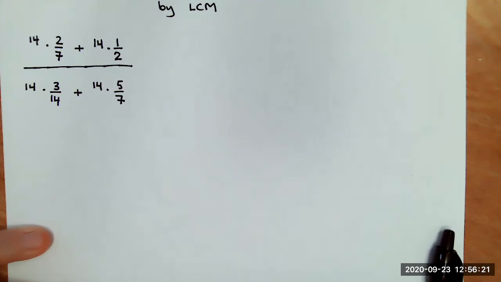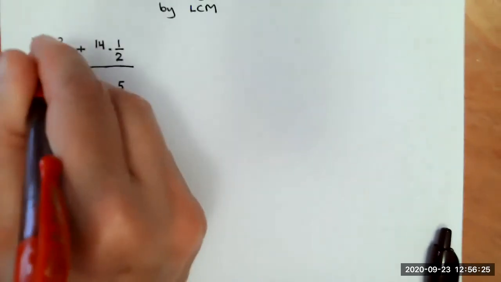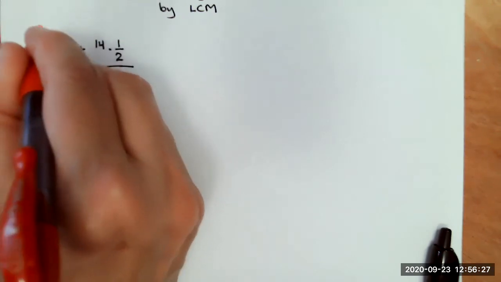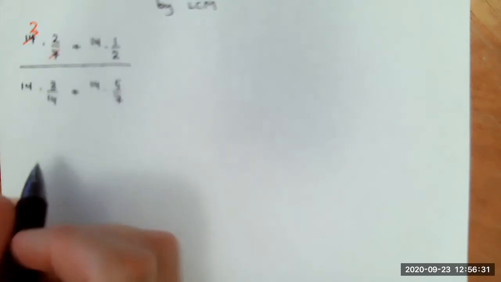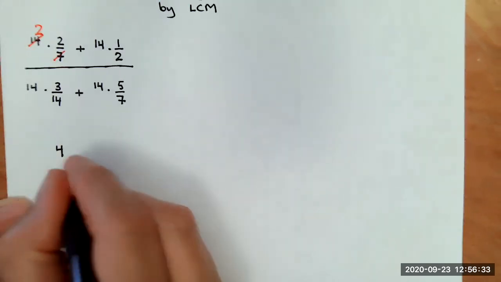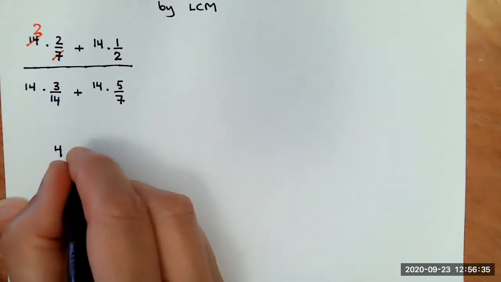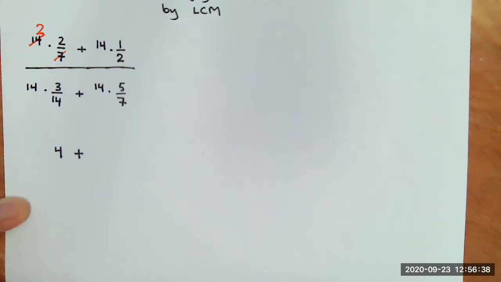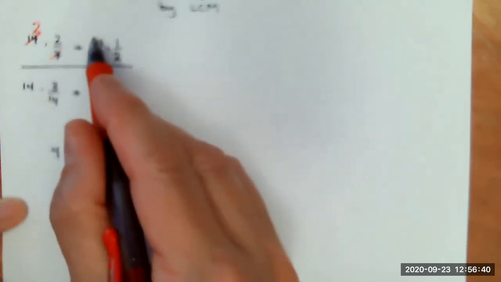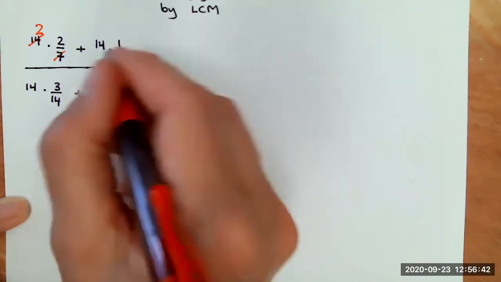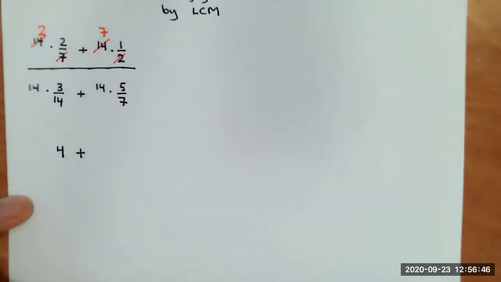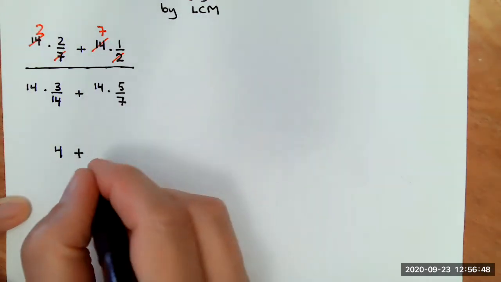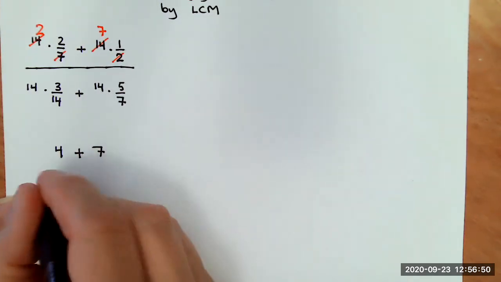And then we reduce. So 7 goes into 14 2 times. 2 times 2 is 4. Bring down the plus. 2 goes into 14 7 times. 7 times 1, 7.